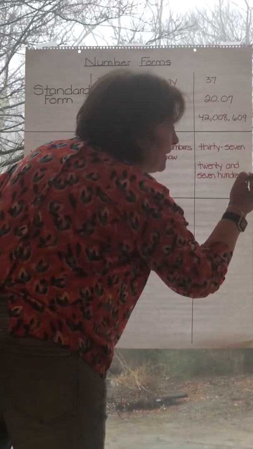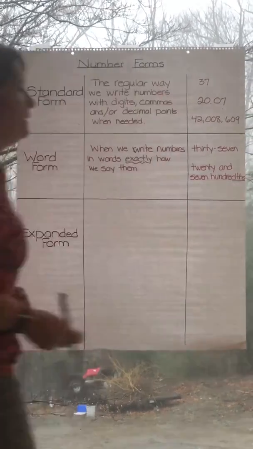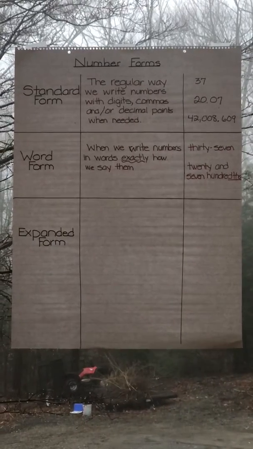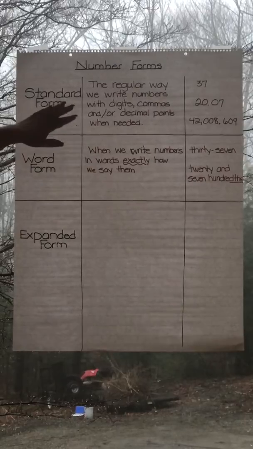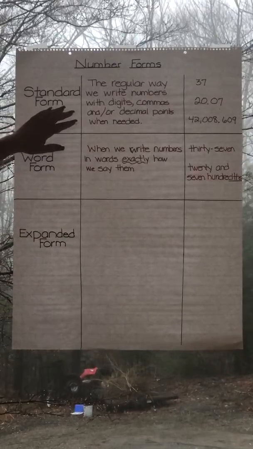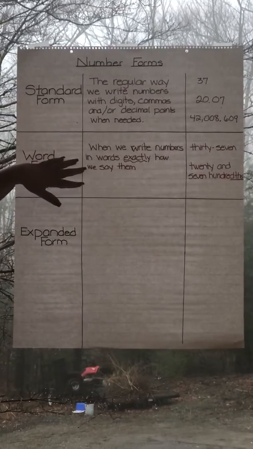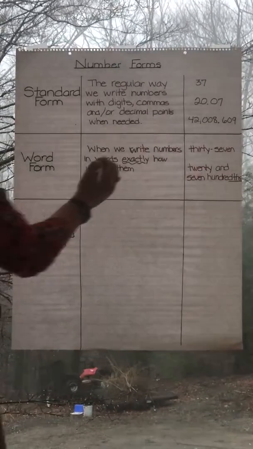Remember that THS has to be on the end every time we have decimals. So we have the regular way we write numbers with digits, commas, and or decimal points when needed, and when we write numbers in words exactly how we say them.